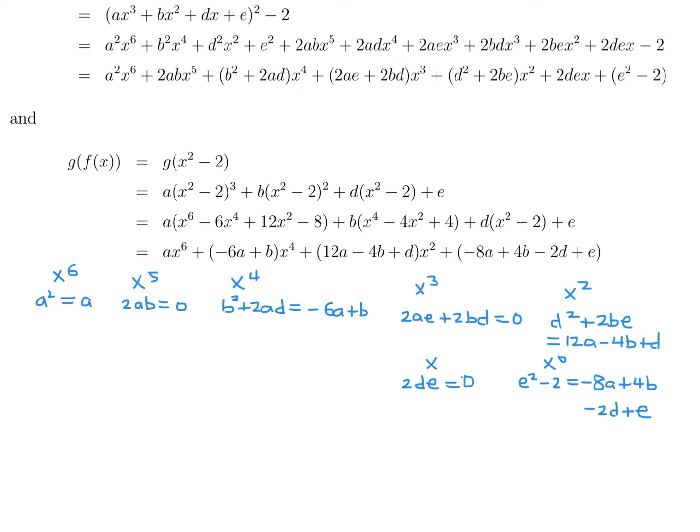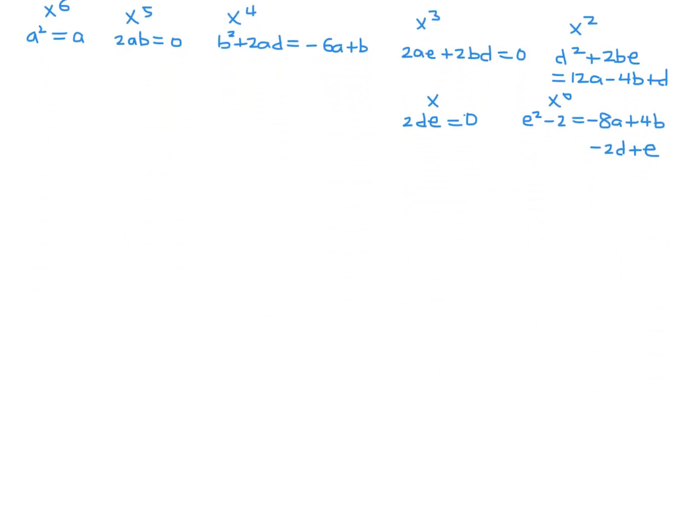So let's do that. And remember, I'll just write it here. g(x) = ax^3 + bx^2 + cx + d... g at x is equal to ax cubed plus bx squared plus dx plus e, and a cannot be 0. All right.